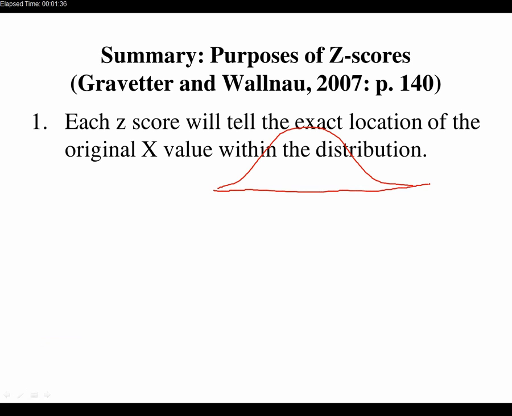This is the x-axis, okay, x. Where is the score? Where's that x score? Is it here? Is it here? Is it here? So that's what they do. Each z-score tells the exact location of the original x value within the distribution. What's the distribution? Everything in the curve.